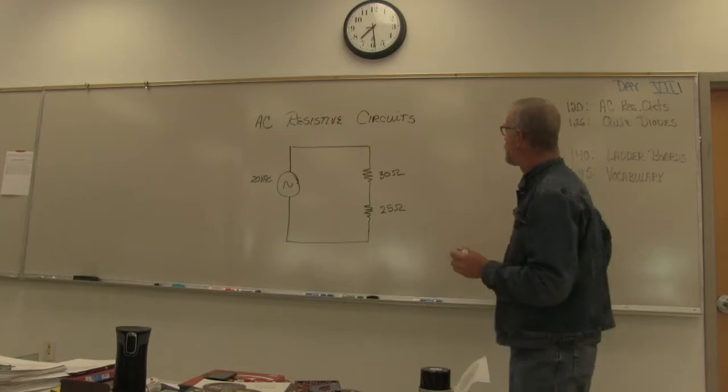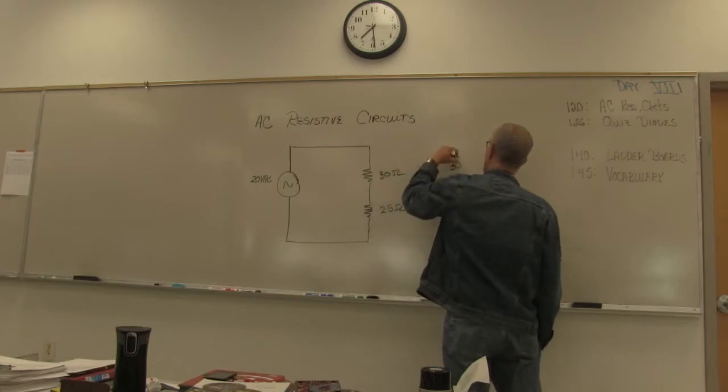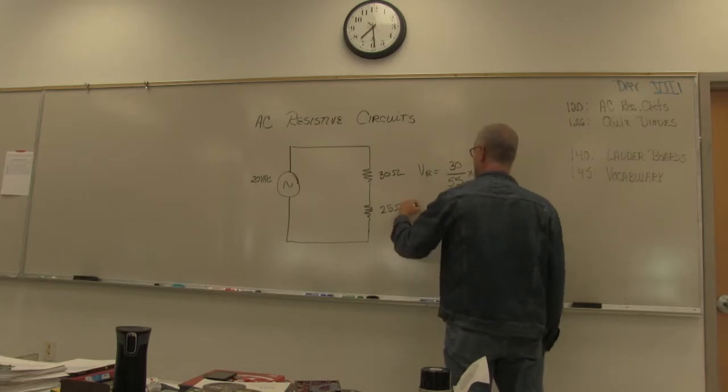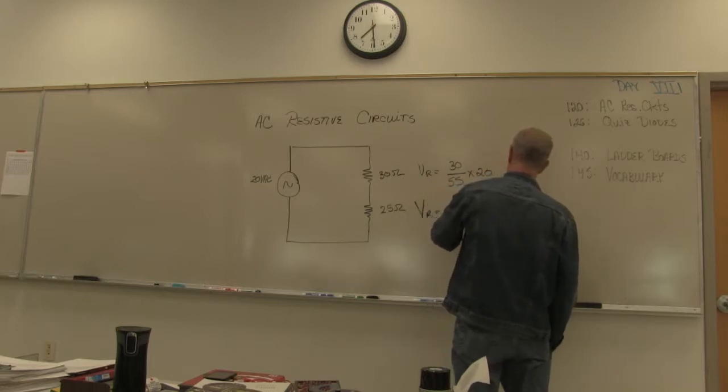Okay, now last quarter we would have said that the voltage across the resistor is equal to 30 over 55 times 20. And the voltage across this resistor is equal to 25 over 55 times 20.